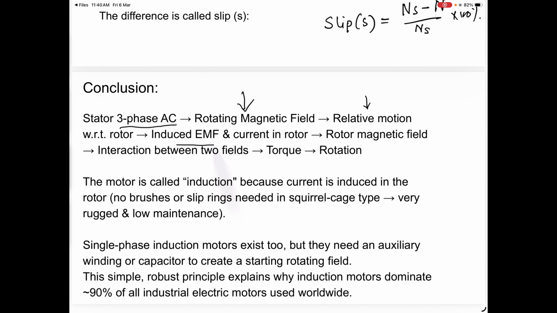So EMF and current are induced in the rotor, and a rotor magnetic field. The interaction between the two fields produces torque. Due to this torque, rotation is there. Remember, in the stator and rotor, there are no electrical connections in between.